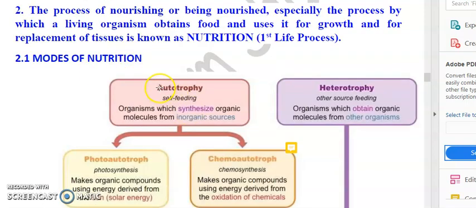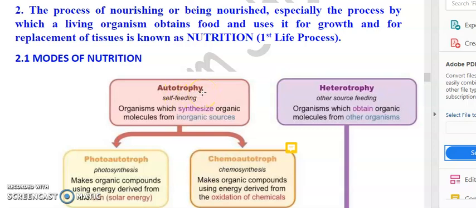So the first case is that there are certain organisms which can generate or synthesize their own food resources, their own carbon-rich compounds. So they are the self-synthesizing organisms. They are called the autotrophs. Again, split the term. Auto means self.